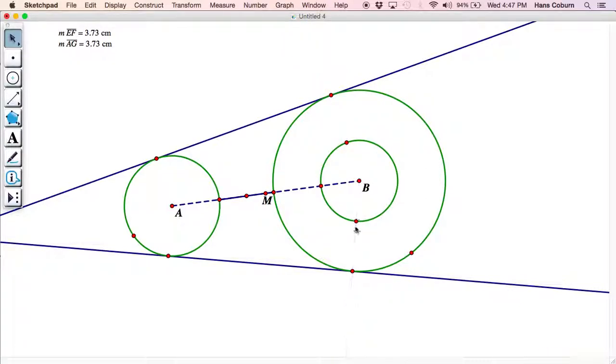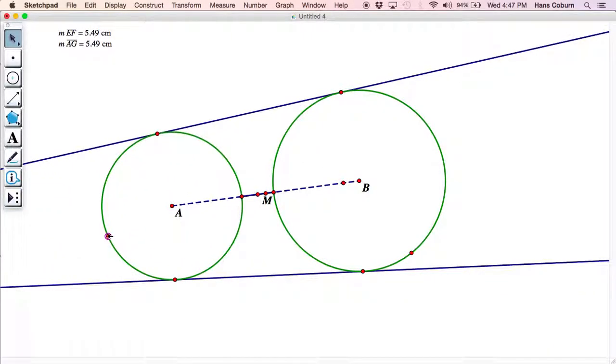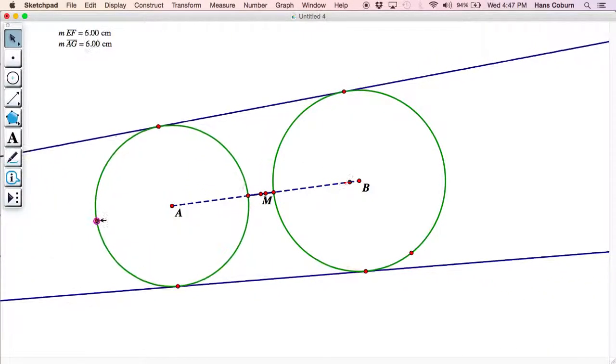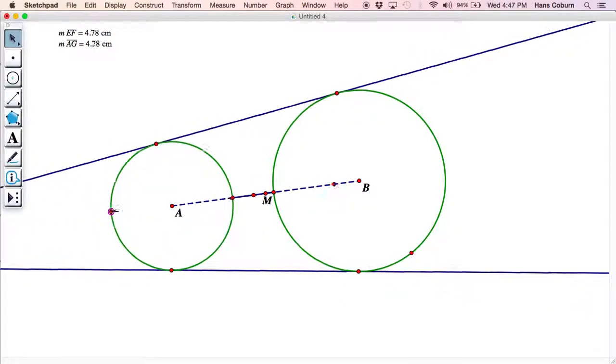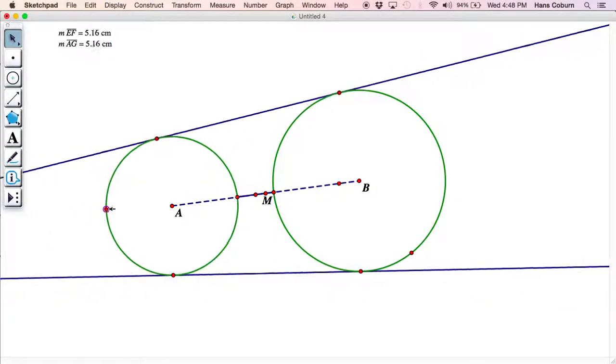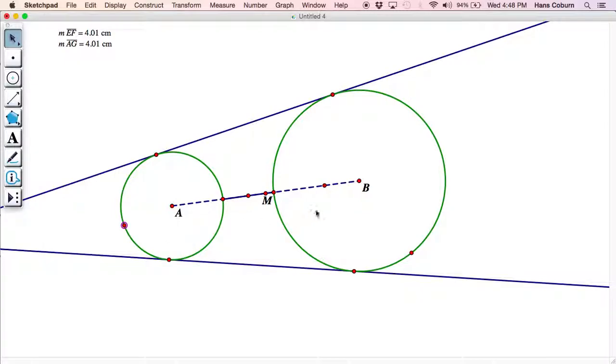So let me hide this stuff, and I'm actually going to hide this interior circle because we don't need that now. But you can see that these two work, and I'll just do a little drag movement so you can see that they stay. Now when it collapses is when circle A becomes larger than circle B. You can see this circle, that's the radius of A right there.